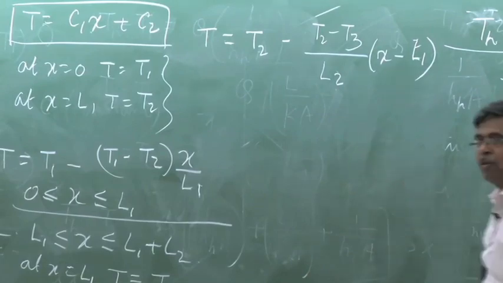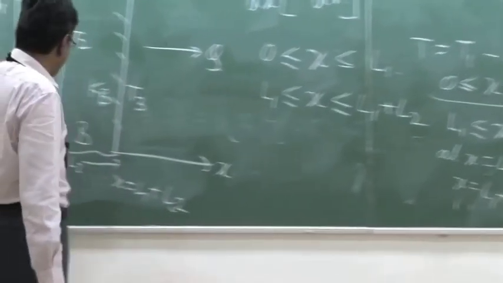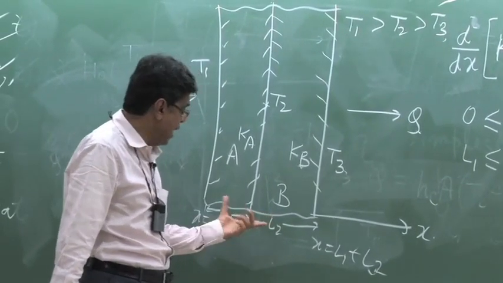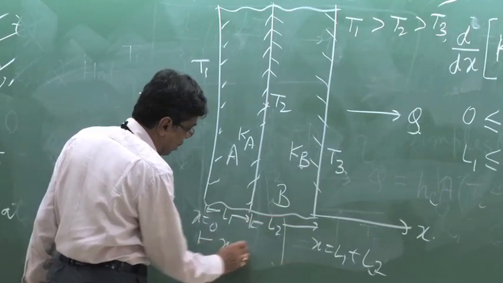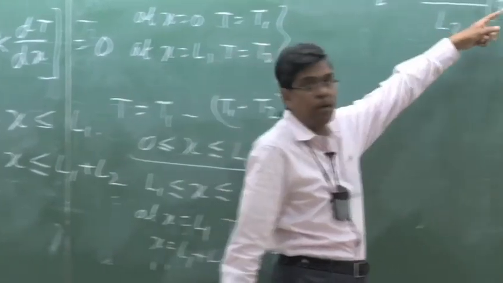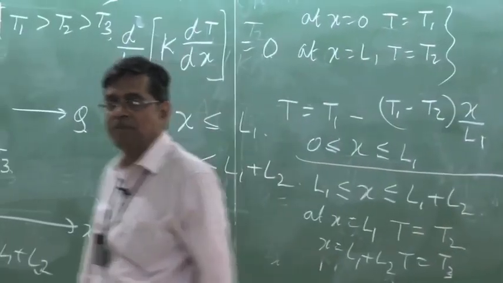Automatically it will come. But more intelligently one can say that if I shift the origin here and measure x from here, it will give the same equation where x goes as x minus L1, because x is measured from the original origin. It is a translation of the coordinate.